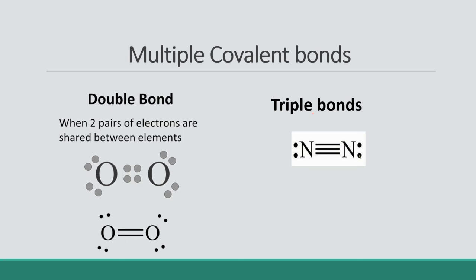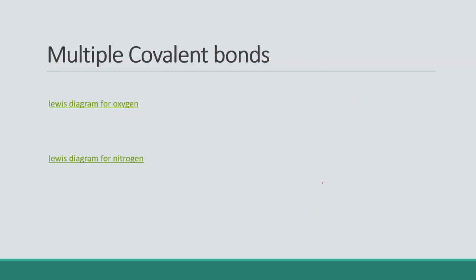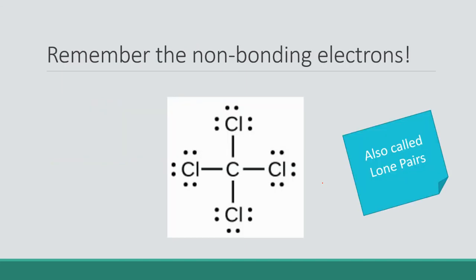This is an example just explaining about multiple covalent bonds. We've got double bonds. So double bonds are extra strong covalent bonds because they're sharing 4 electrons. Each line represents 2 electrons. And you have triple bonds. Nitrogen has got this triple bond, which is 6 electrons. There's a couple of videos about oxygen and nitrogen. And just a reminder to remember the non-bonding electrons.